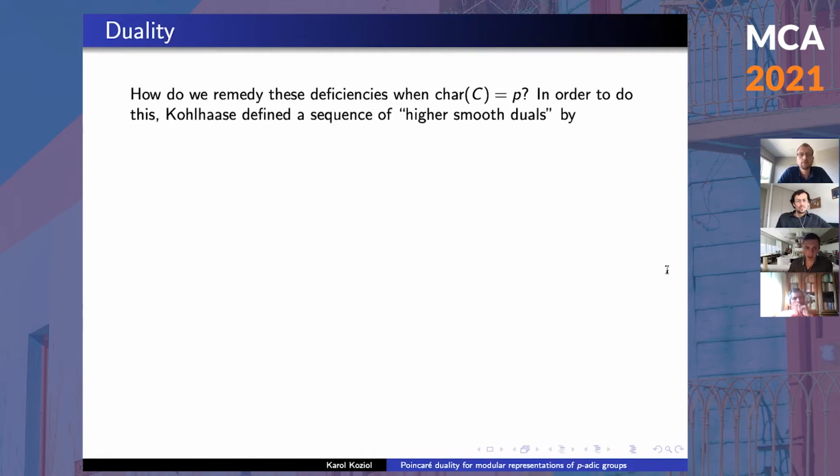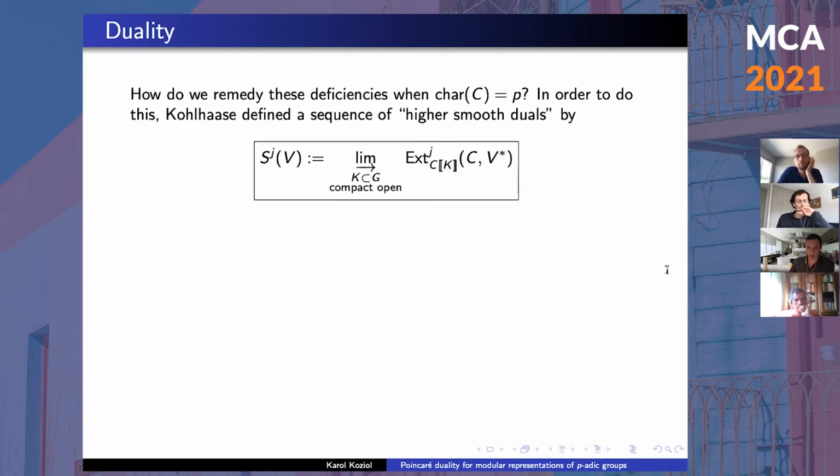In order to do this, Kohlhaase defined a sequence of higher smooth duals given by the following formula. I take my representation V, and again I take its linear dual. Then instead of looking at invariant vectors by K, I look at Ext groups, Ext^j of the trivial module over this Iwasawa algebra.